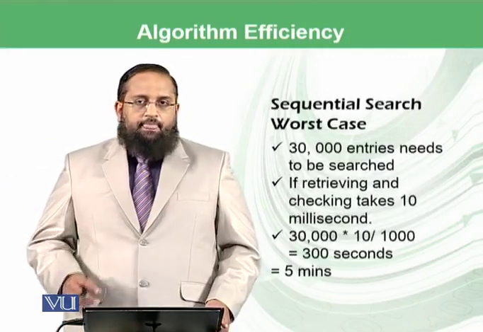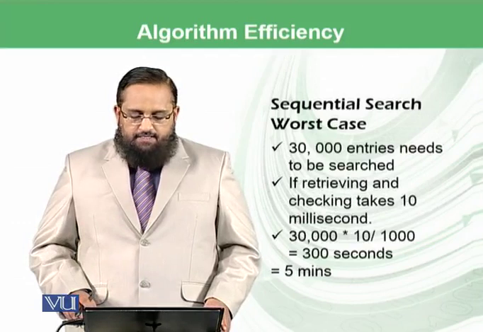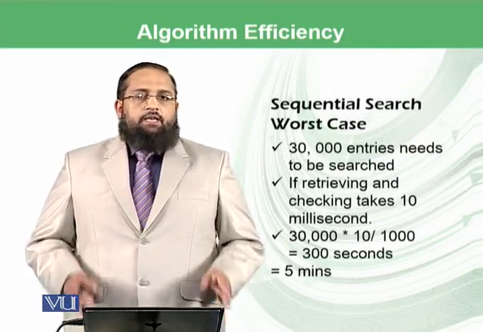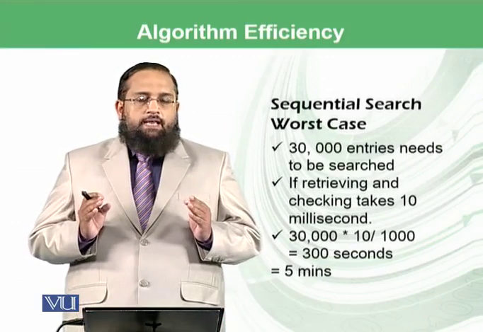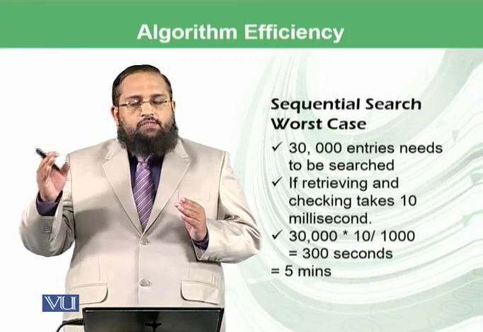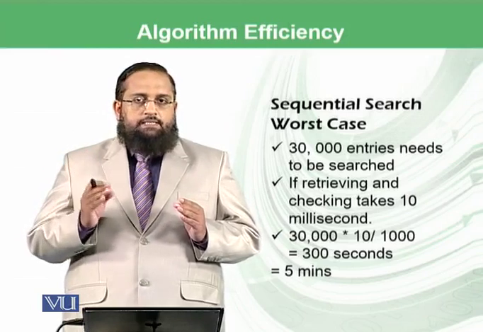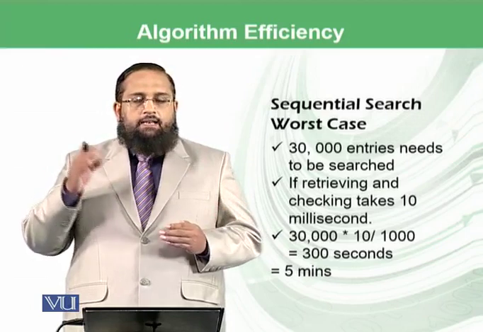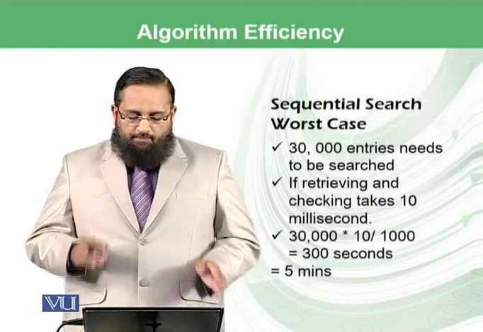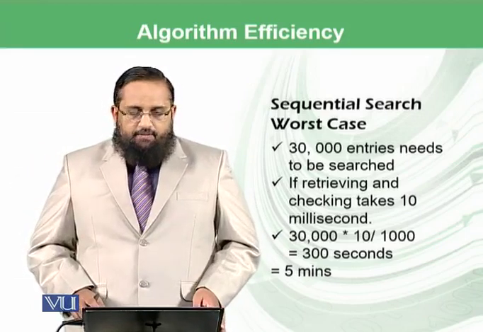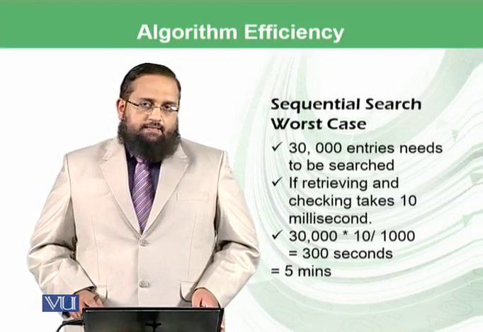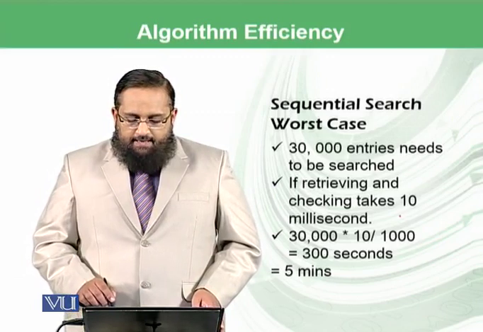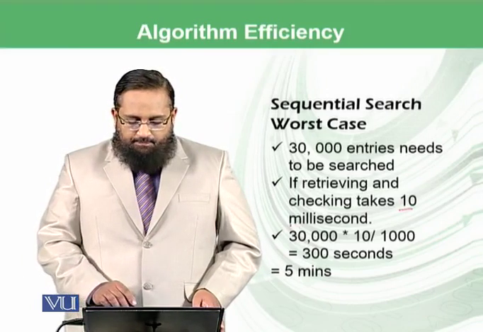Let's see if we use the sequential search algorithm on this data, and suppose the required student is at the end of the list. This algorithm will start searching from the first node until it reaches the last node, and it will require 30,000 comparisons. Suppose that one comparison is done in 10 milliseconds.